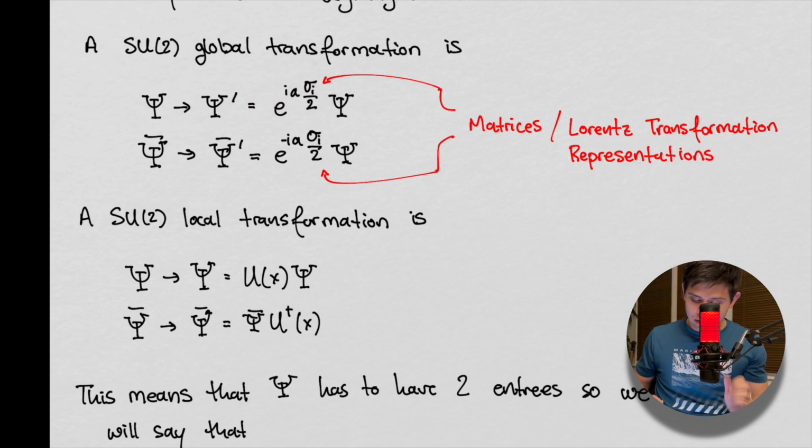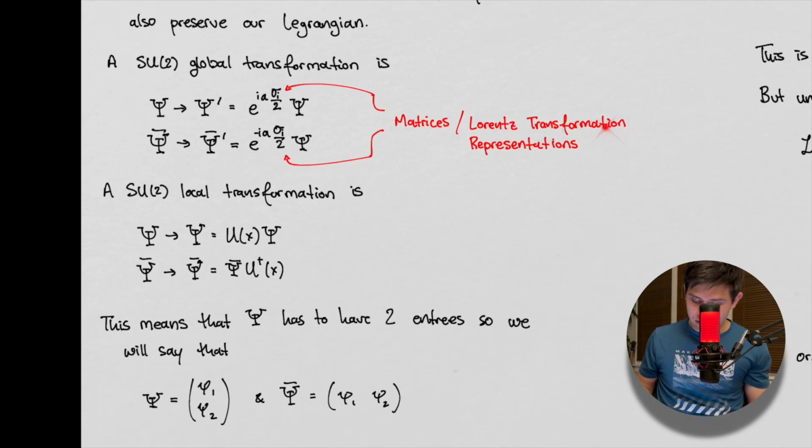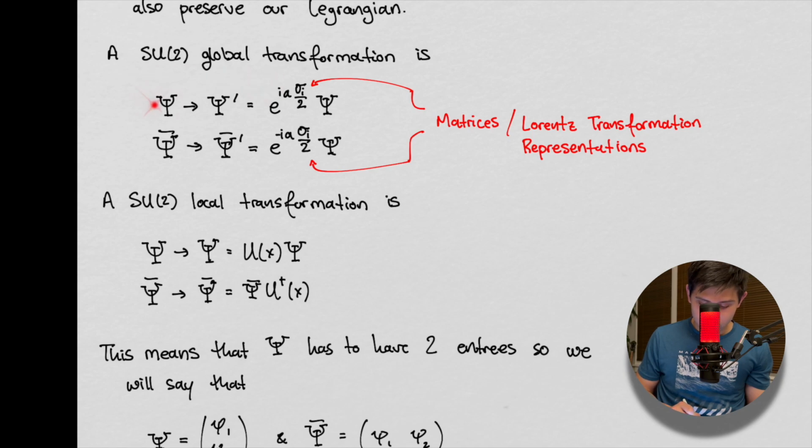These are matrices, the Lorentz transformation representations. Now, that was for this field. For the complex conjugated field, we have this sort of transformation where we have to complex conjugate the exponential. So far so good. Nothing is too crazy.